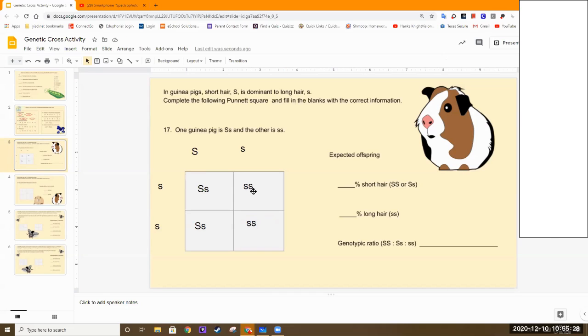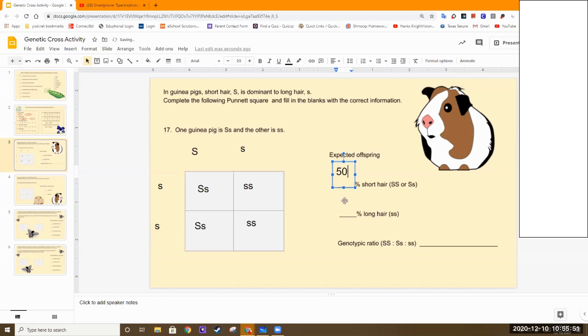And then what you're gonna do is you're gonna tell me how many are short-haired. So how many boxes have a capital? 2. So 2 out of 4, what percentage is that? 1/2. 50, right? So 50% would be short. So if 50% is short, you already know what the other half is, or what the long hair is, right? Because it's little s, little s.